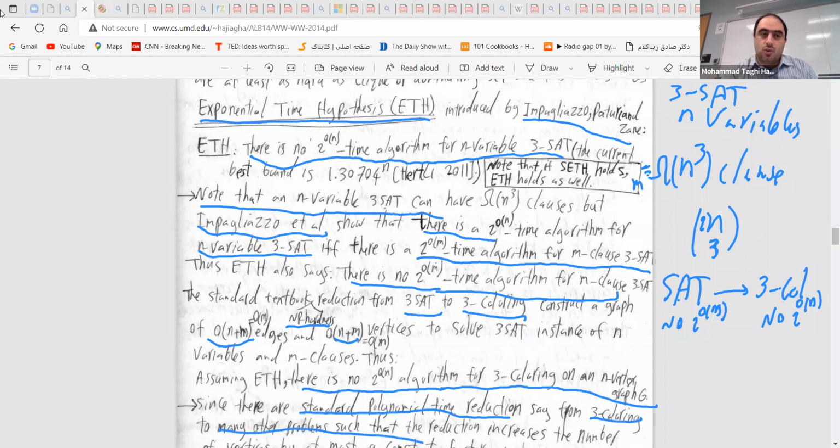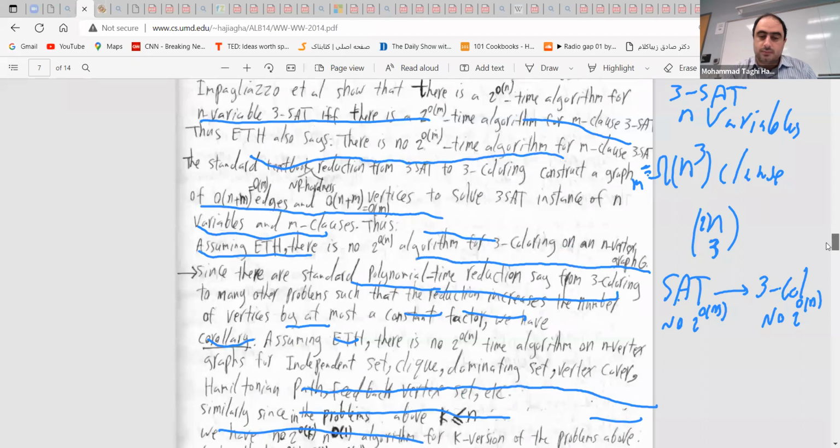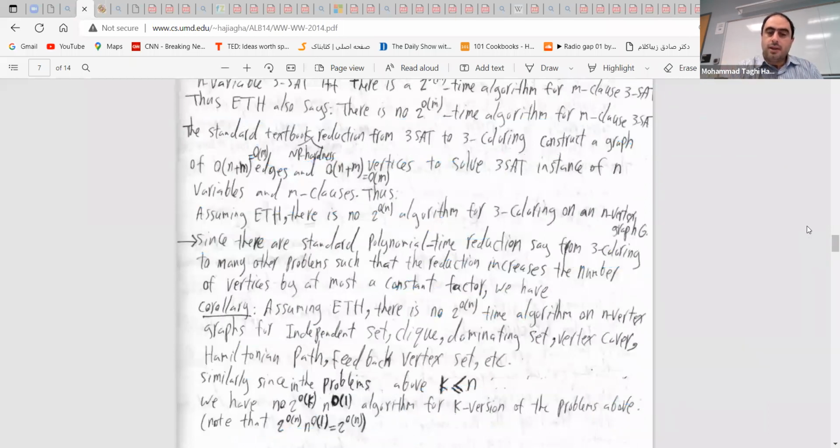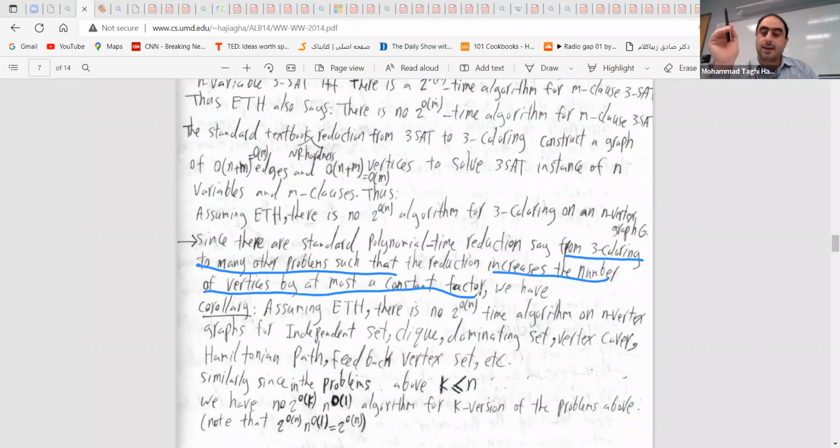And that actually shows that, because there are standard polynomial time reductions from 3-coloring to many other problems, all of these reductions increase the number of vertices by at most a constant factor.